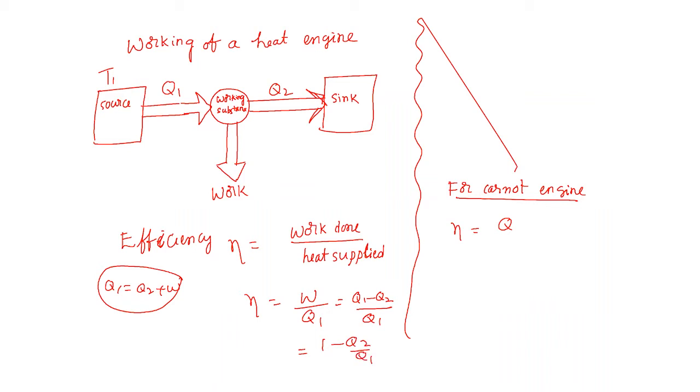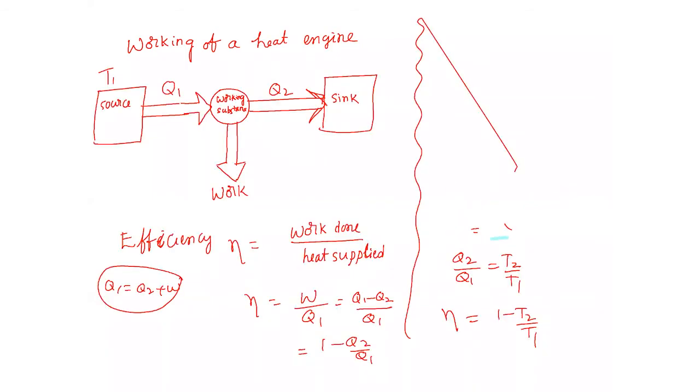This is the formula for the efficiency of any cycle. For the Carnot engine, Q2 by Q1 is equal to T2 by T1, so efficiency becomes 1 minus T2 by T1. If it is not a Carnot engine, if it is a different cyclic process, then you have to use the left side formula.